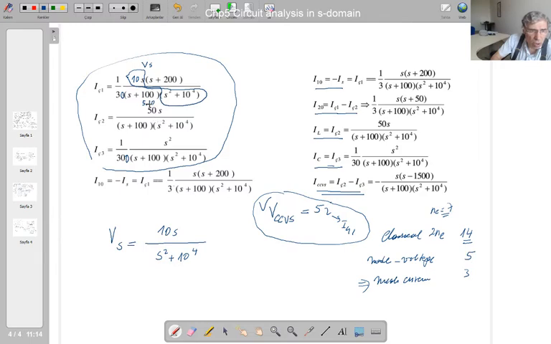So again, you might consider that is Vs. If you write this s squared as s times s, and multiply by 10, and this, that was 30, make it 300.